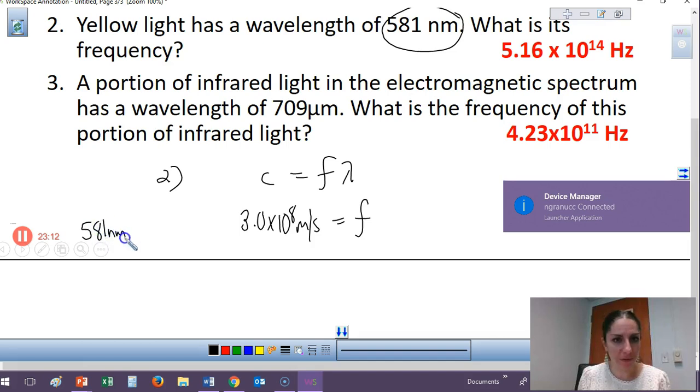581 nanometers. So in 1 nanometer, there's 1 times 10 to the negative 9th meters. So let's go ahead and just do that conversion really quickly. 581 times 1 e to the negative 9th gives you 5.81 times 10 to the negative 7th meters. And that will go here.